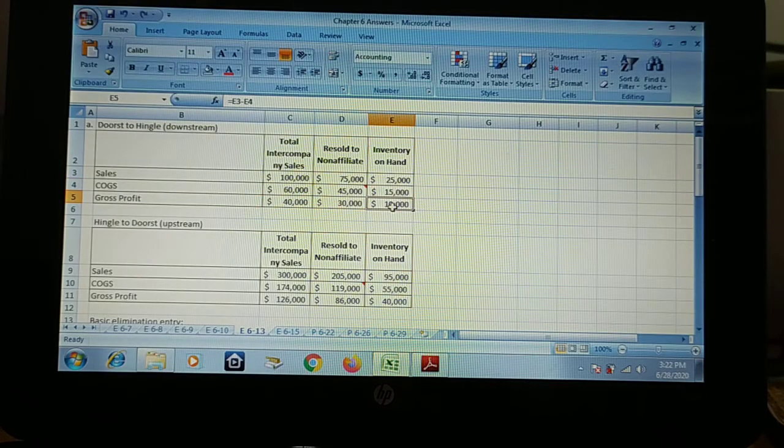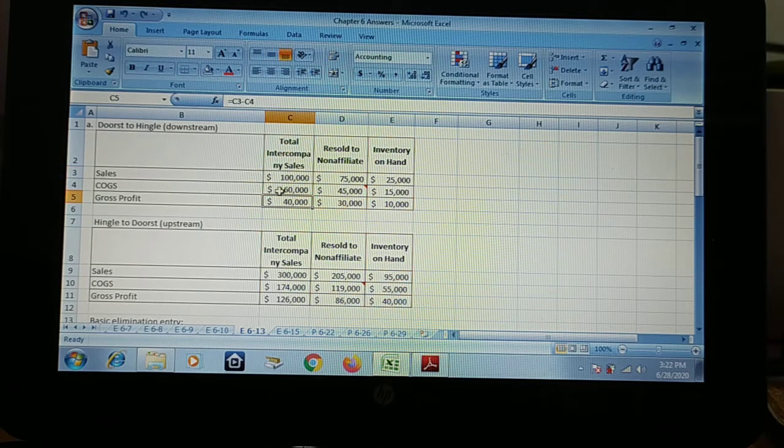So we can get the gross profit already of $10,000. If you want to calculate the gross profit percentage based on sales, it will be 40%. Once we have the 40%, we can apply it to the previous two columns. So here it will be 40% times 100,000, which becomes 40,000.